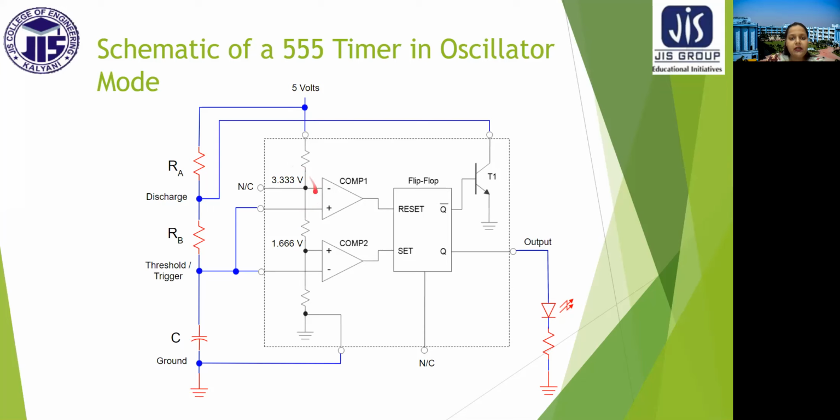So when 2/3 VCC is getting stored here, comparator 1 will be turned on, and it will reset the flip-flop.